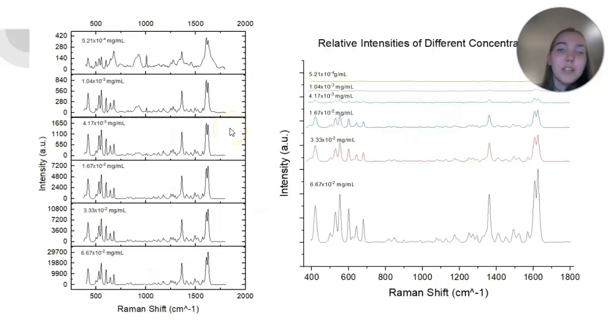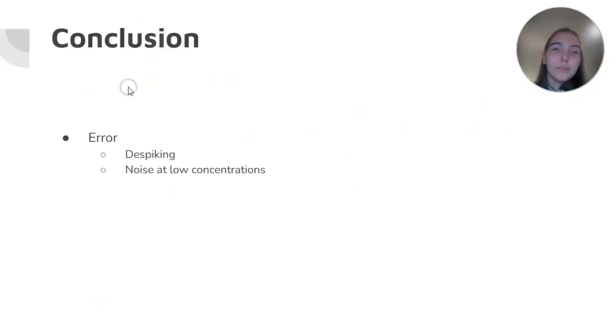So clearly it's easier to detect PCN when the concentration is larger, because of how low the intensity is here and just how easy it is to get confused with noise.